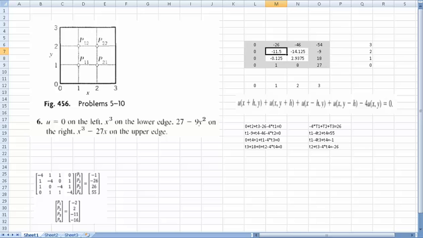Again, just continuing to average the 4 neighbors around it. I'm not going to do the entire step, but because I want to get this video posted, I will say that this term now equals minus 26 plus 0 minus 0.125, which is below, minus 14.125, which is to the right.